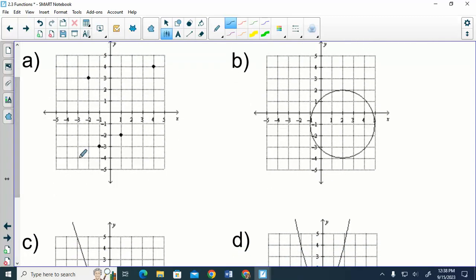So if I look at this one, this graph is just 4 ordered pairs. So my domain is just those 4 x values.